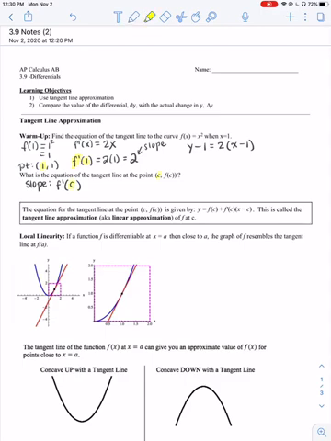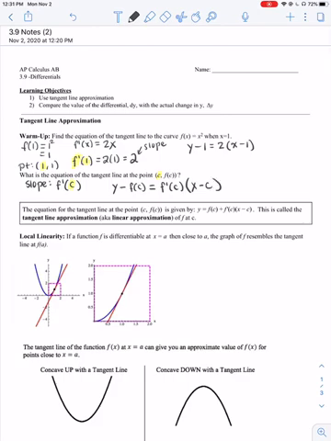And so now we have the slope and our point, which allows us to write our equation for our tangent line. So this one is going to be y minus the y value, which is f of c, which equals the slope times the quantity x minus our x value, which is c.